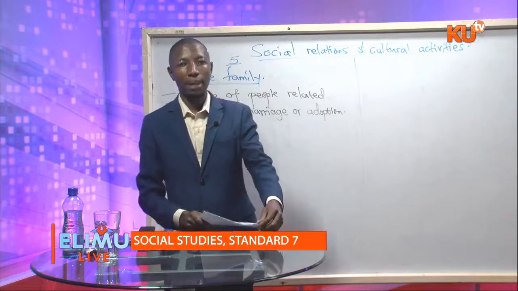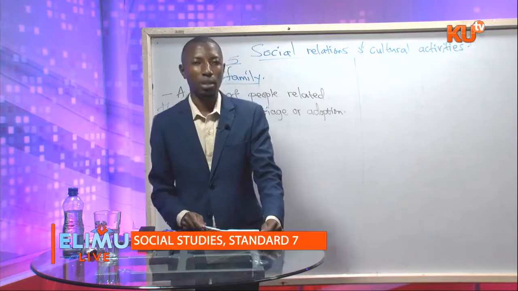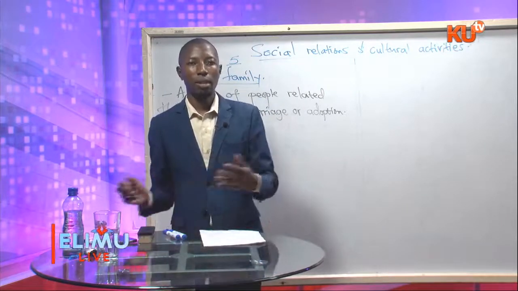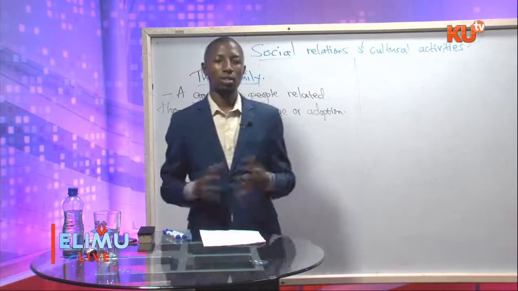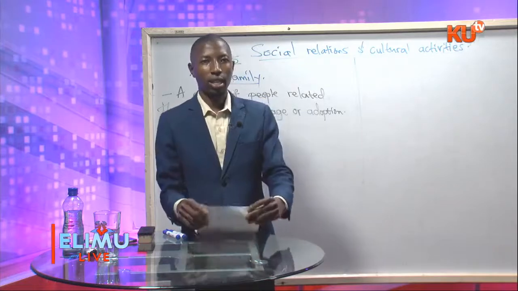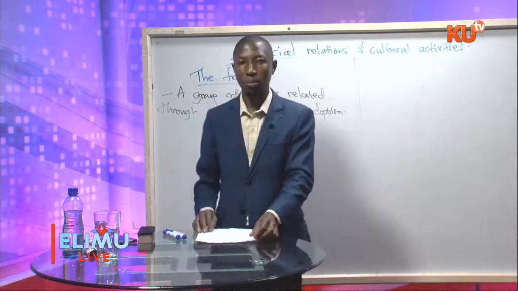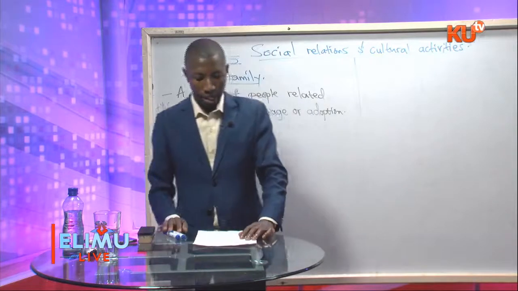You can adopt a parent, and the children can be adopted. So when we talk about adoption, it's not one way. It does not only mean children are the only ones that can be adopted. The children adopt a parent, and a parent adopts a child.